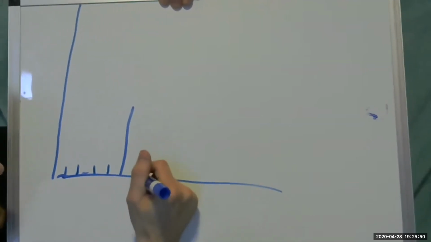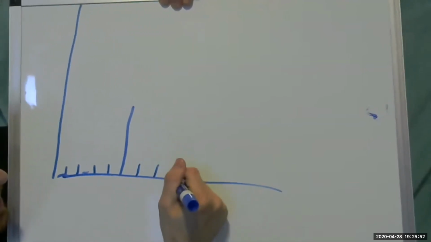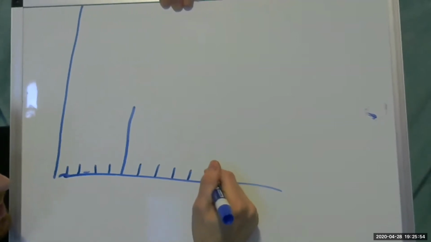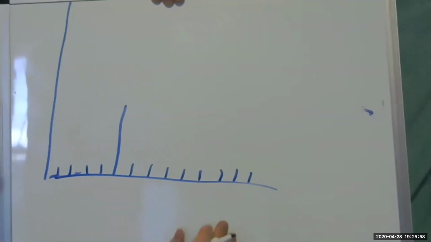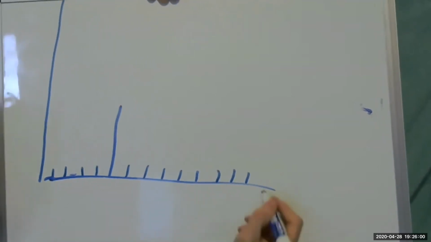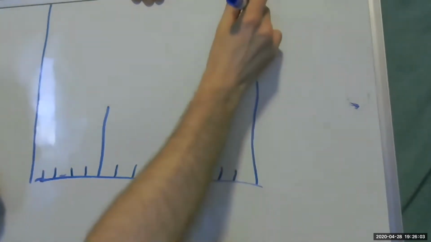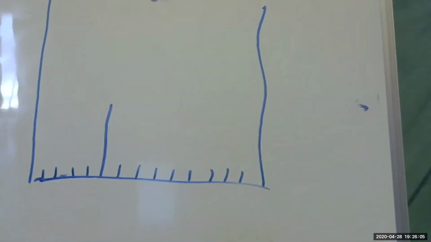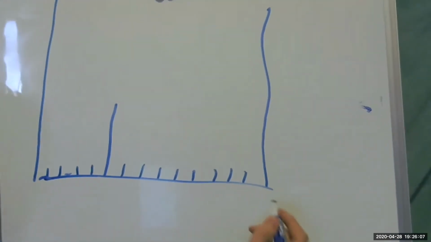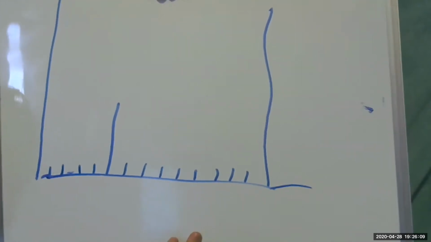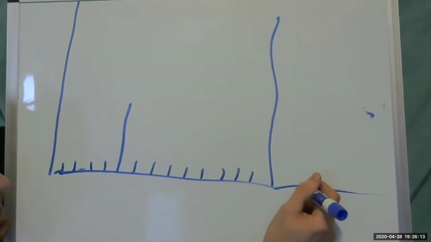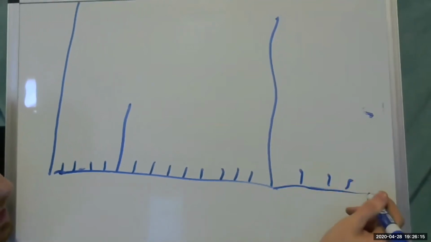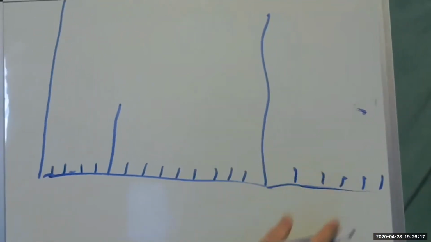But we'll have 8 now: 1, 2, 3, 4, 5, 6, 7, 8. We'll have to insert all these. Then it will go up to 16 once we fill up that 8. So now we should have another 16, and so on all the way.